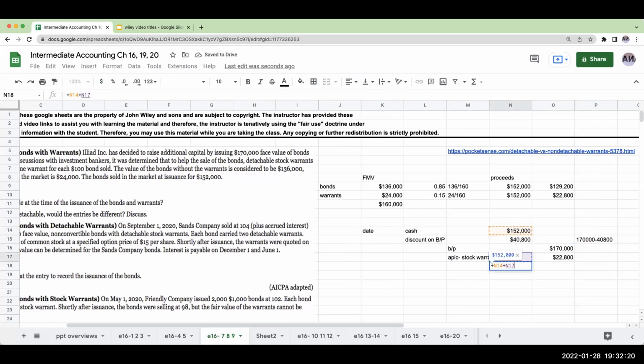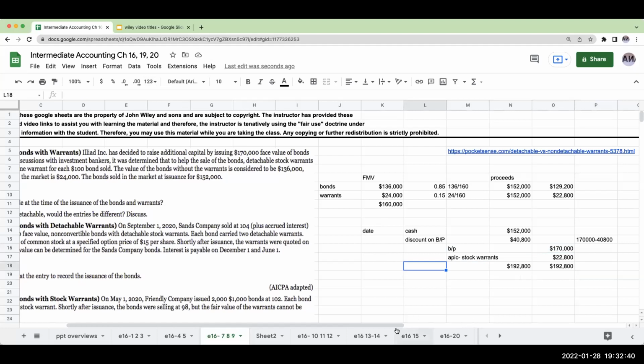Let's just make sure this adds up, and it does. So this is how we go through and look at this. Again, bonds payable is always going to be at the face value. Because the warrants are detachable, we want to assign a separate value to the bonds and then to the warrants.